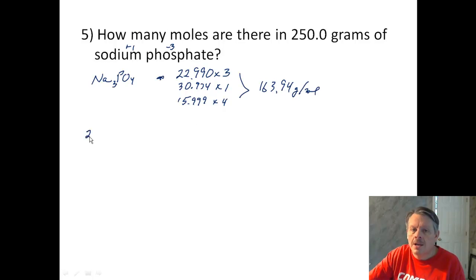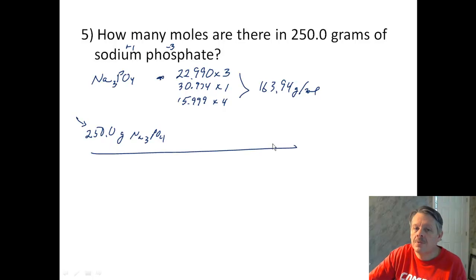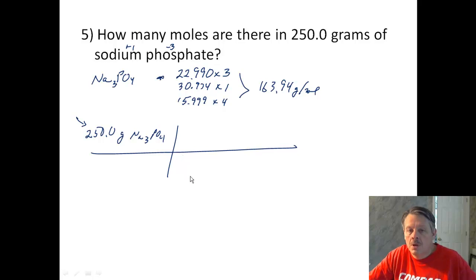Now I can start with 250.0 grams of sodium phosphate. Before I go any further, note that I have 4 sig figs here. And I am going to get rid of grams of sodium phosphate and go to moles of sodium phosphate.